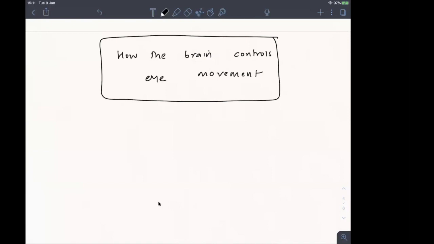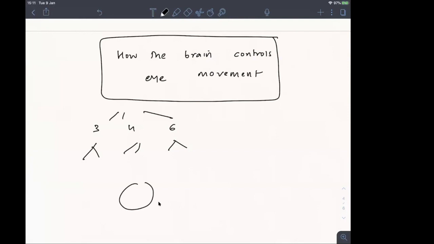Now, you know that for the brain to control the eye movement, the brain just has to act on these three cranial nerves. So it needs to act on the third, the fourth, and the sixth. And these will act on all those muscles and it will cause the eye movement.